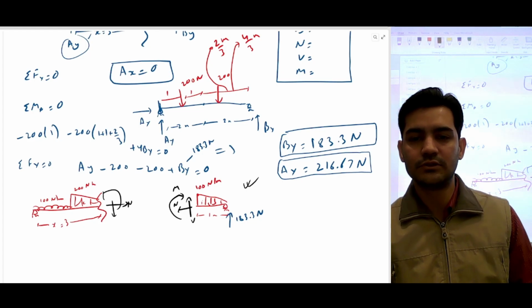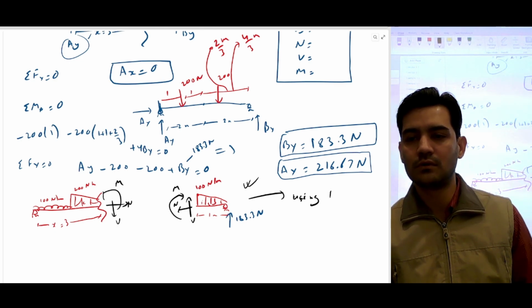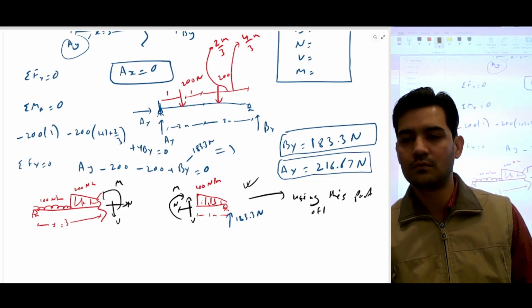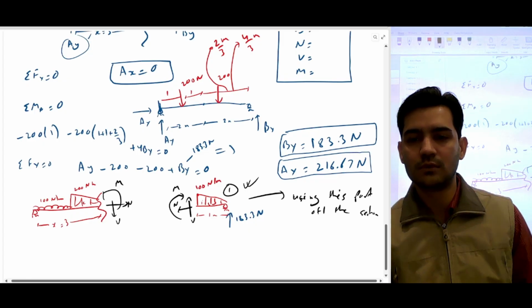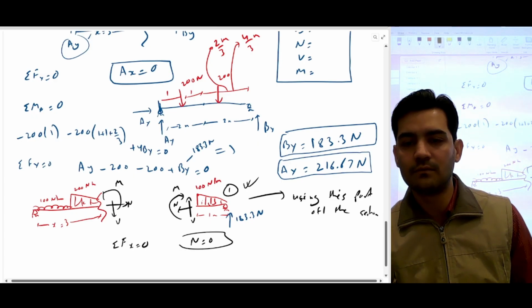So let's use this section. If we do summation of f of x is equal to 0, we'll get N is equal to 0.